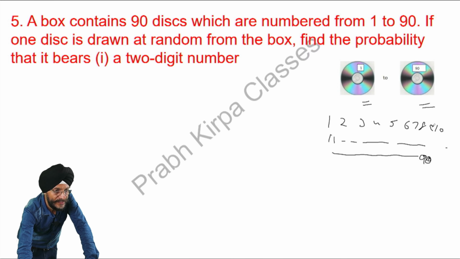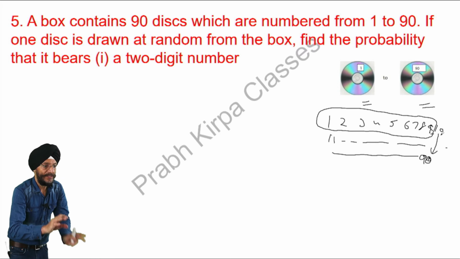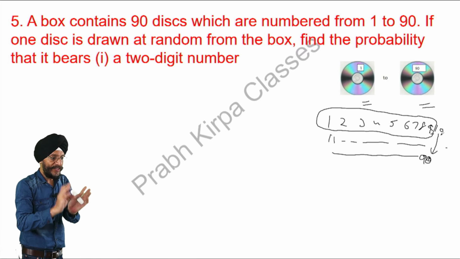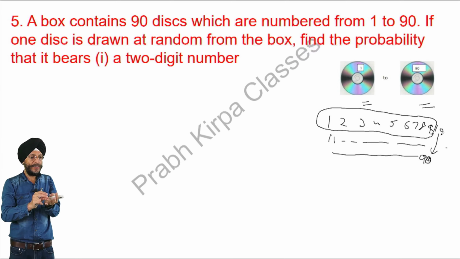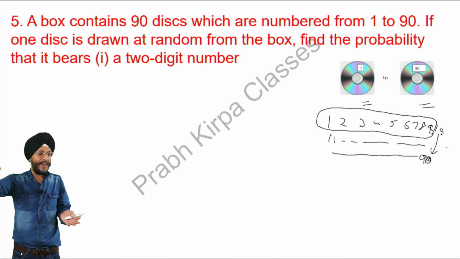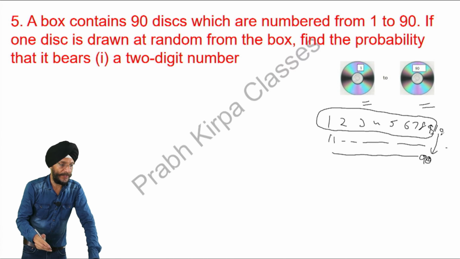That is, these are the digits up to 9, which are a single digit number, and from 10 onwards up to 90, all the discs have the number which are in 2 digit, that is 10, 11, 12, 13, 14, 15, 16, and so on up to 90. All the discs are 2-digit number.